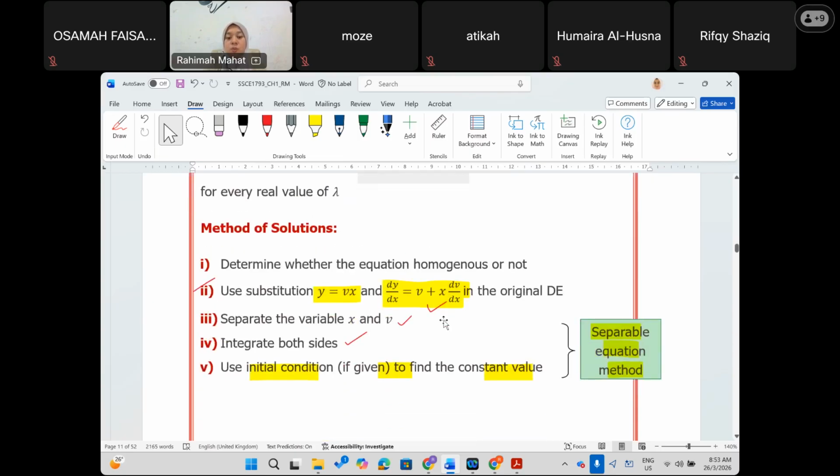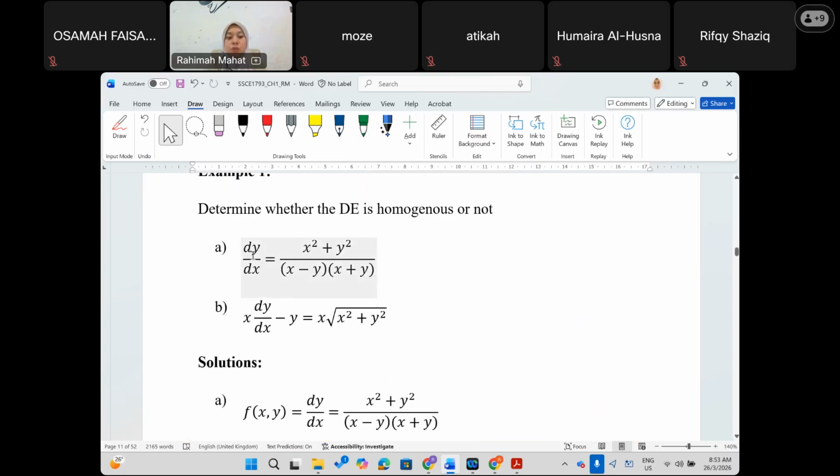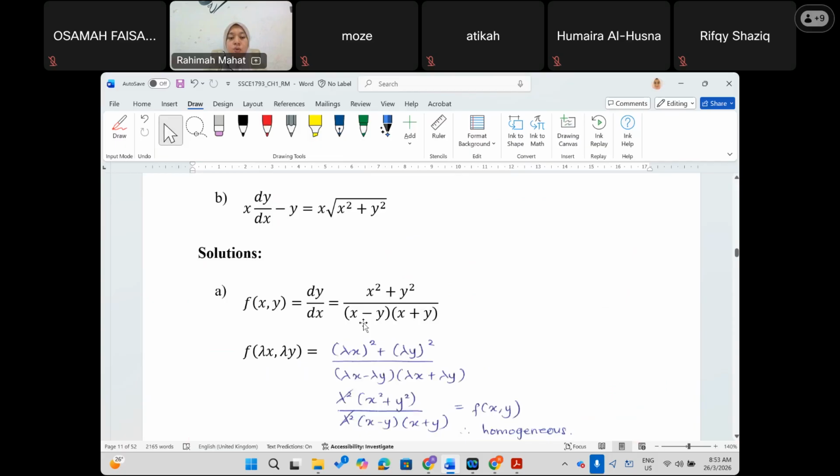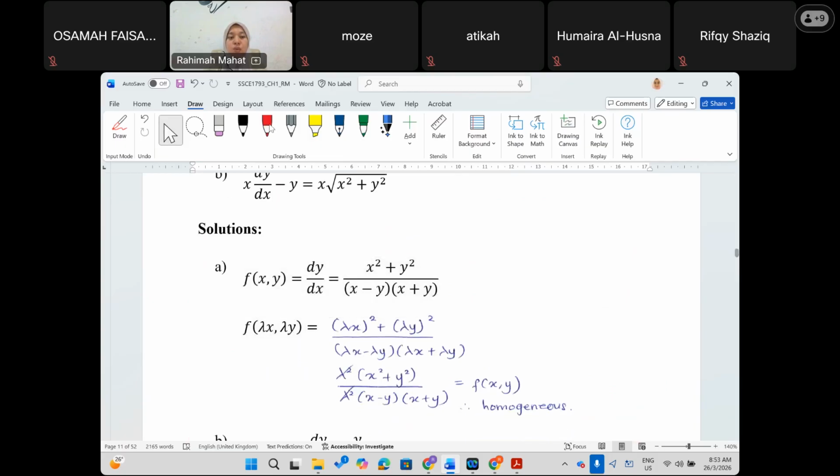We look here: dy over dx is equal to x squared plus y squared over x minus y, x plus y. You times with lambda, where lambda is any real number. That's why we put lambda.